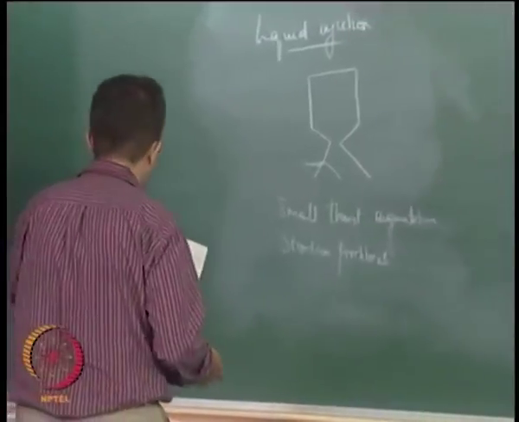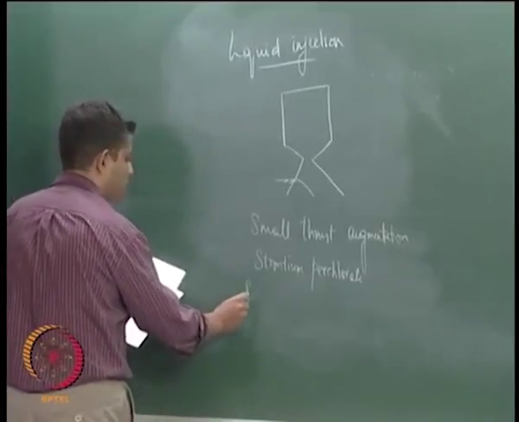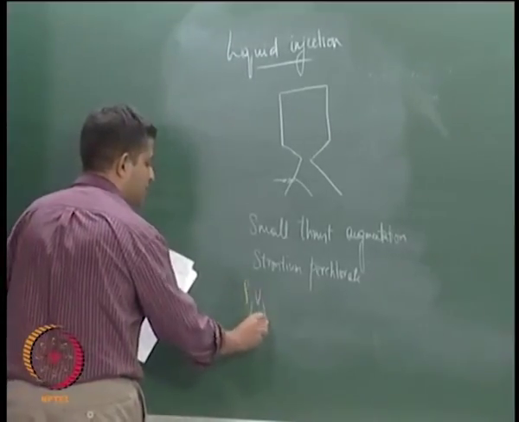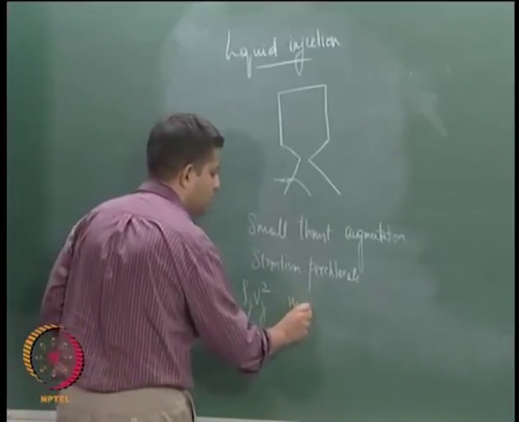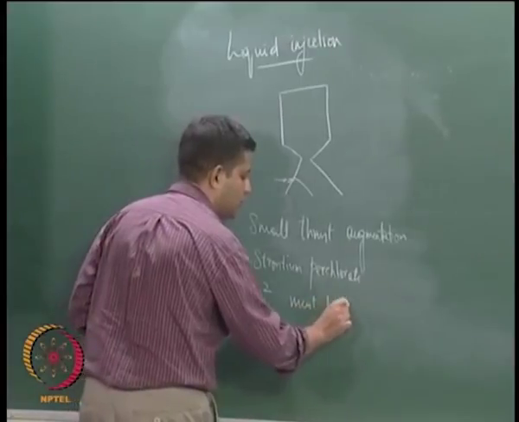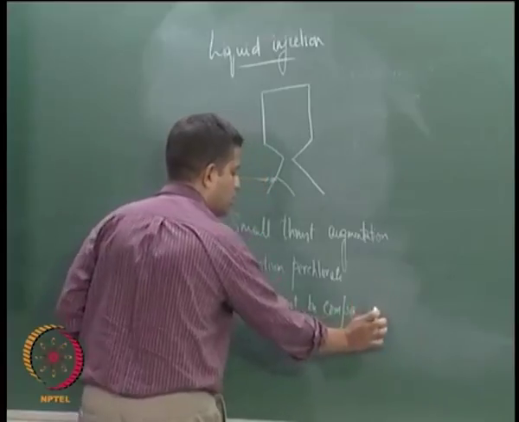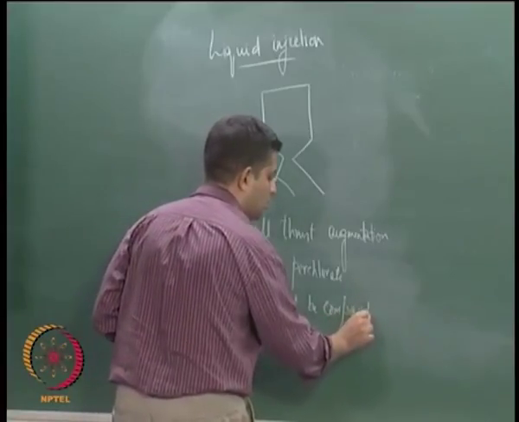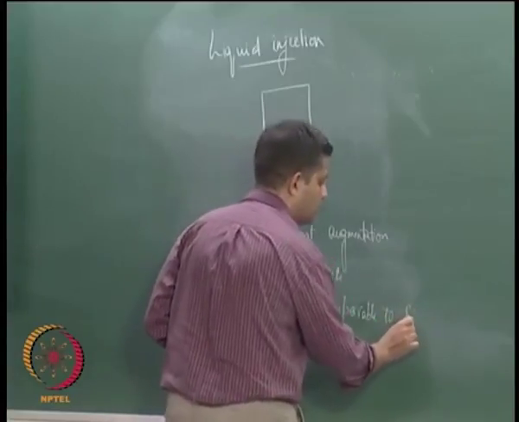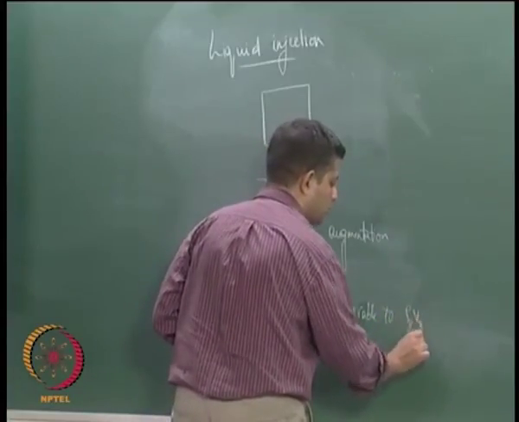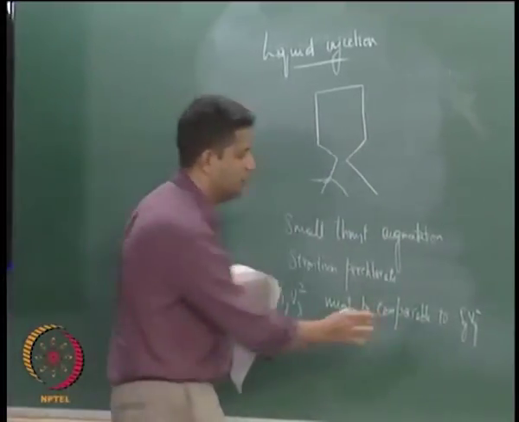Okay. So rho_j V_j squared must be comparable to rho_g V_g squared.